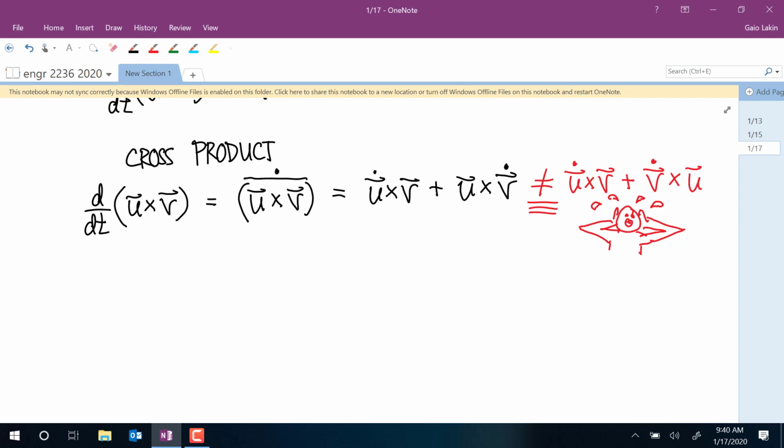And they call the cross product vector product sometimes because the output of a cross product is a vector. Sometimes you'll hear people call it that instead. Same thing with, you'll hear people call dot product inner product and cross product outer product sometimes. Anyone have a guess why that would be?